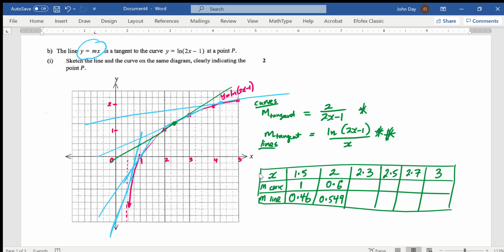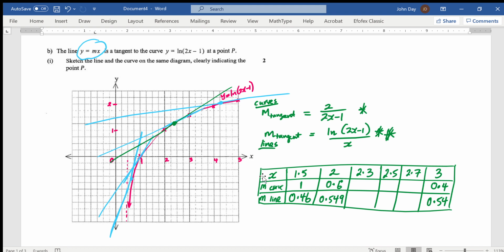2 on 6 minus 1, 2 on 5, that gives me 0.4, and 2 times 3 is 6 minus 1 is 5. Natural log of 5 divided by 3 equals 0.54. Okay, let's try 2.7.